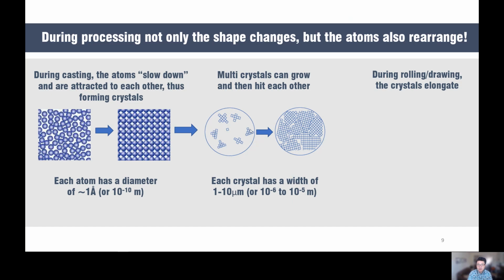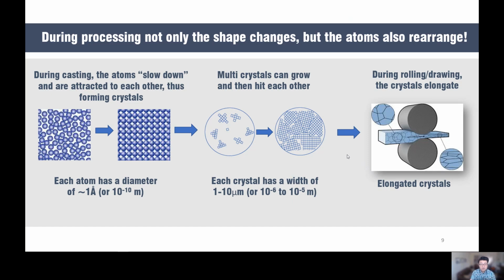You can imagine, depending on how fast you cool these materials, there's a different growth rate of these crystals, and the crystal size will be different depending on the growth rate. After that, you're going to be cold rolling this aluminum sheet or slab. By doing that, you're thinning this sheet, but at the same time, you're also making a change to the atomic structure because you're deforming these crystals.